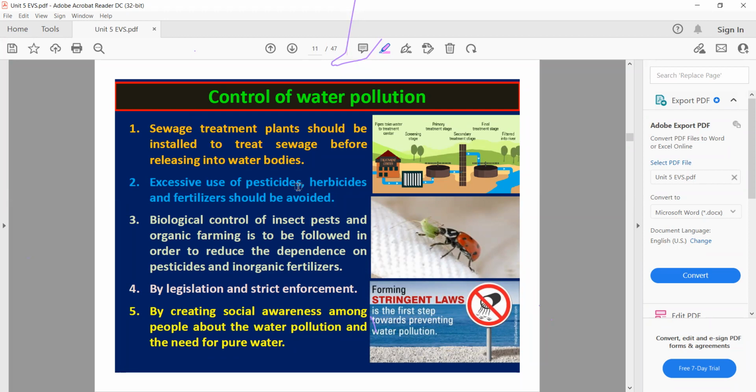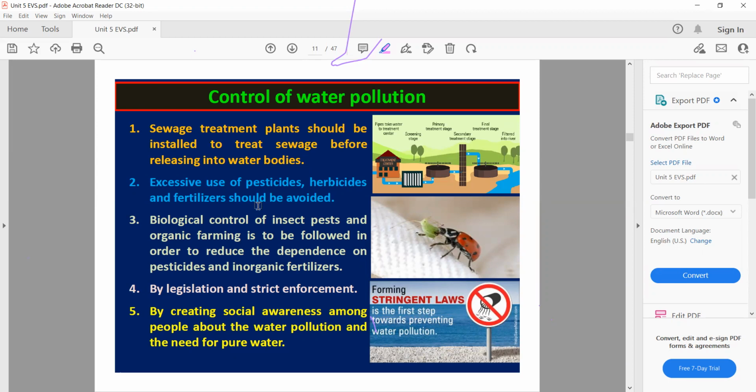Excessive use of pesticides, herbicides, and fertilizers should be avoided, because as we were just talking about, the runoffs from the agricultural land will cause problems, right? Biological control of insect pests and organic farming is to be followed in order to reduce the dependence on pesticides and inorganic fertilizers. This should be strictly followed.